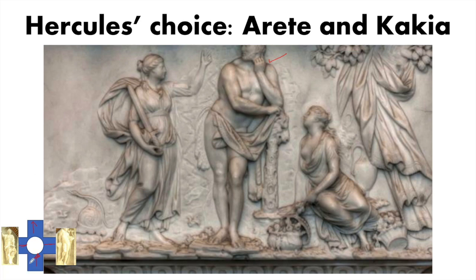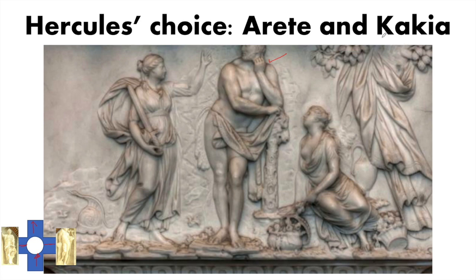The vertical one was a decision he made when he was a young child, and it happened at this moment. So this is Hercules when he's a really young guy, before he really went through all of his stories. So the story goes, and I think this is from one of Plato's dialogues, that there were two women that approached him on a road, and one of them was Kakya.